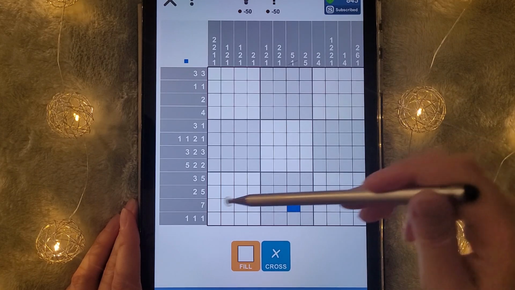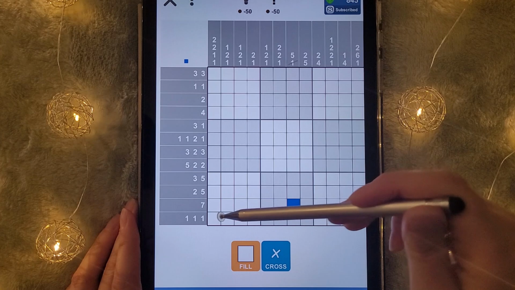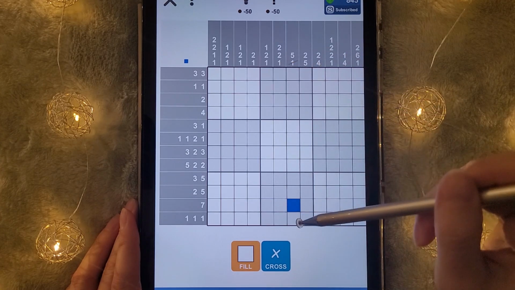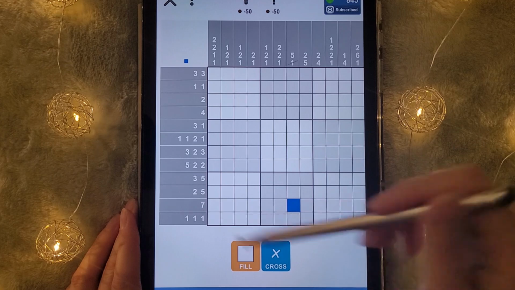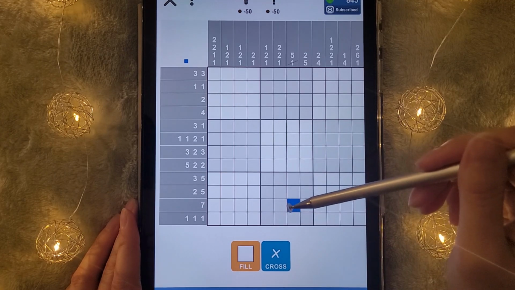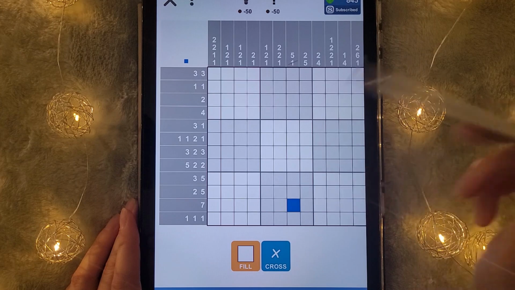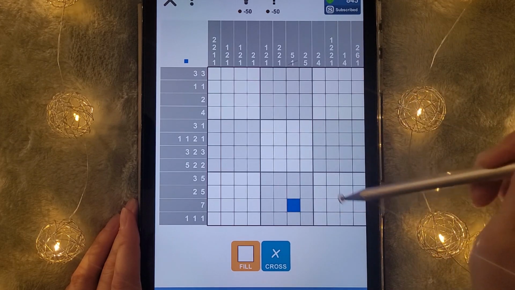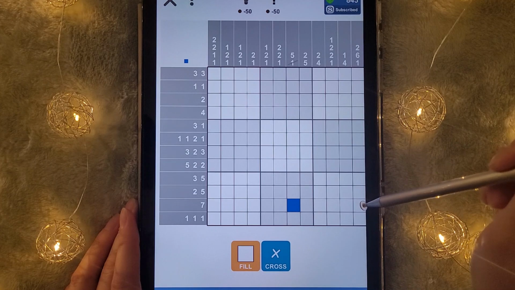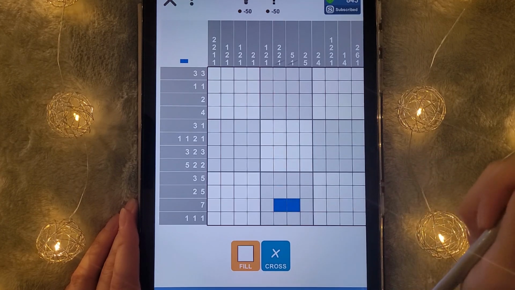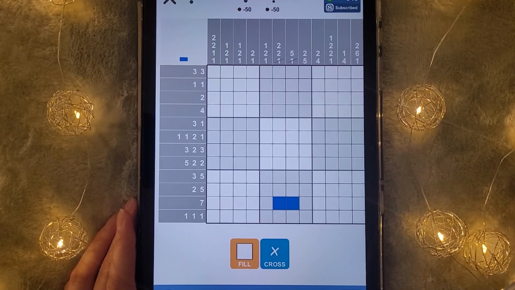And you can only do that when the row or the column is less than double what that number is, because if it was exactly double, you wouldn't really be able to place it. It would just be on either end, so you wouldn't exactly know. But this one, if it happened to be all the way over here on the end, 1, 2, 3, 4, 5, 6, 7. There we go.